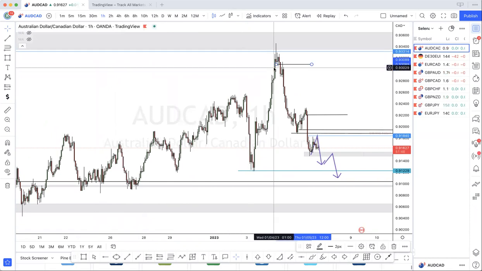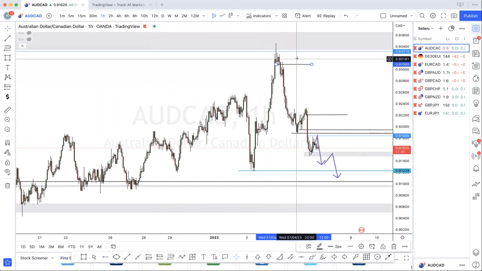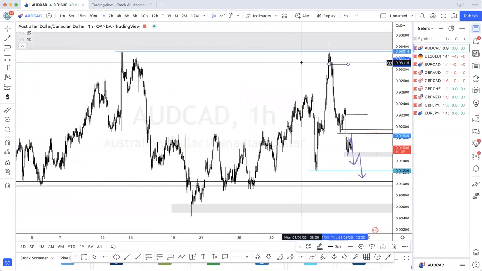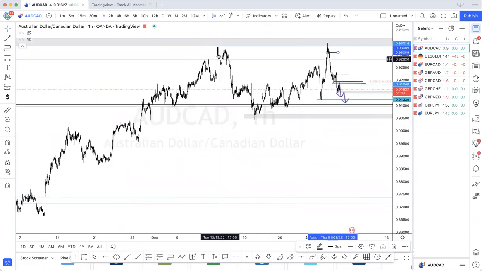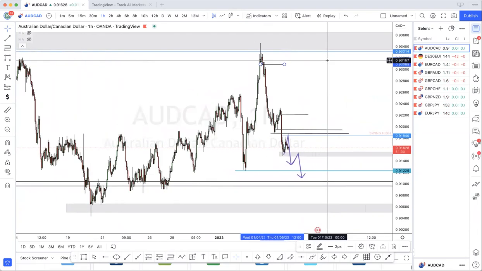Now, if it had broken this high with a candle close, then I would have been like, okay, it might be a little pullback, but I would be expecting it to keep buying up. But because it did not break my high, in my mind, I would have been looking for sells.